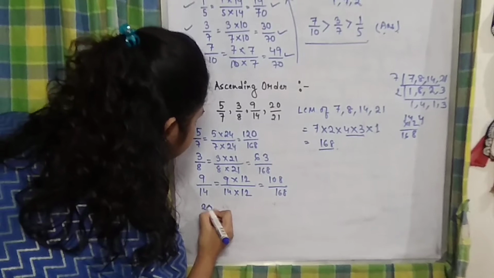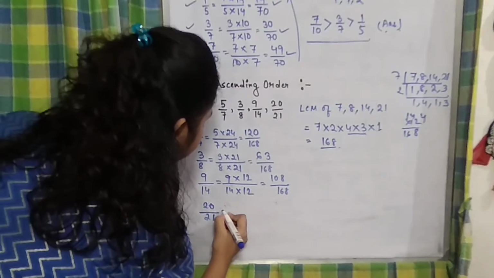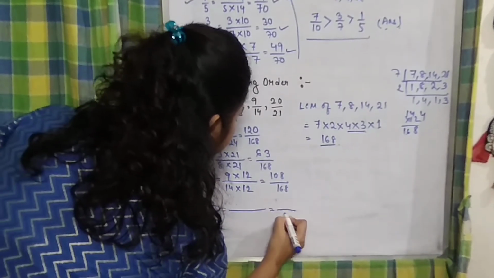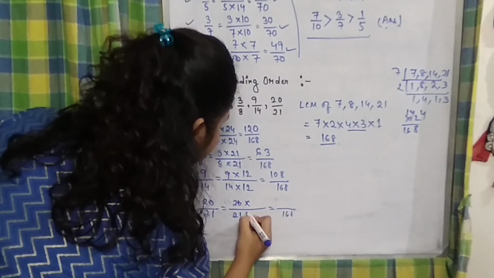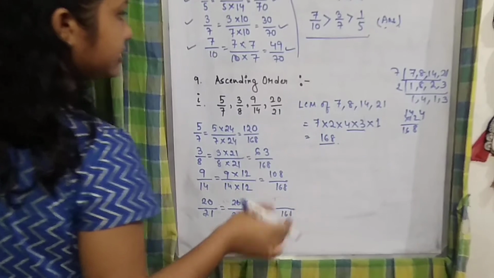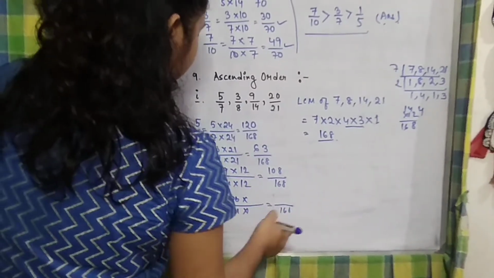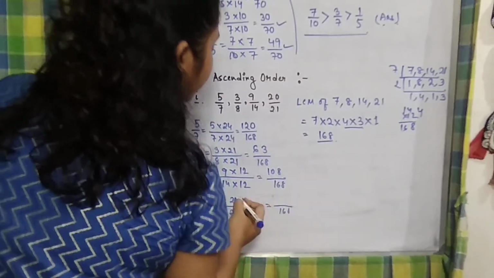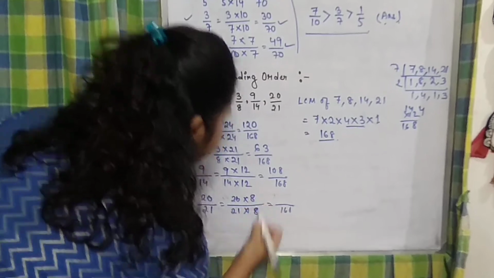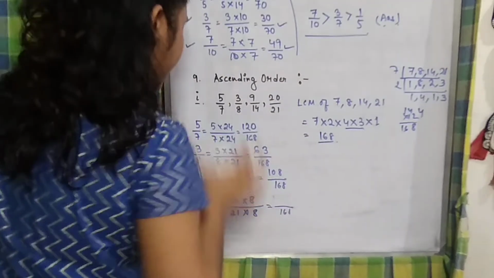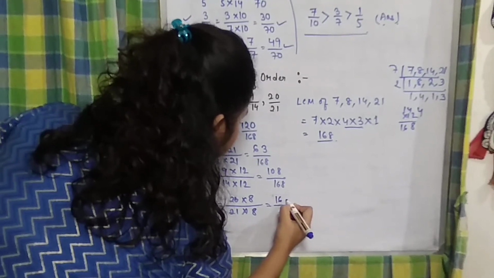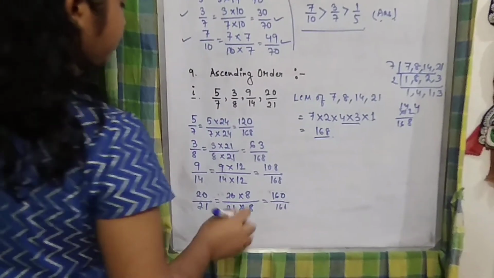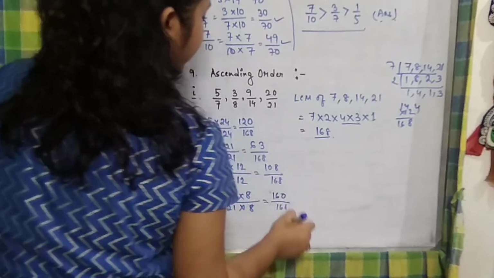And then the final one, that is 20 by 21. It will be multiplied by 8 on both numerator and denominator. I hope you all can see this board. Now these are the equivalent fractions.